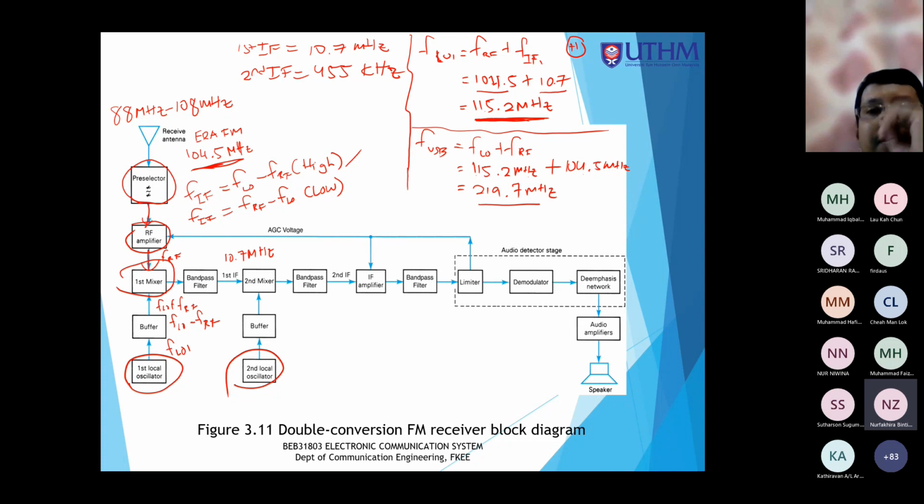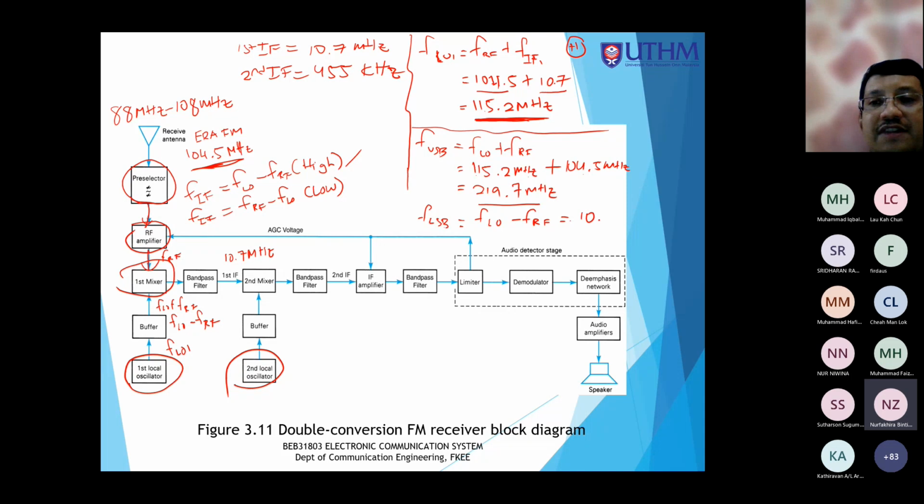This is the upper sideband. And the lower sideband is FLO minus FRF, which is the first IF, 10.7 megahertz. So we have the higher frequency and also the lower frequency, and this is what we want actually.